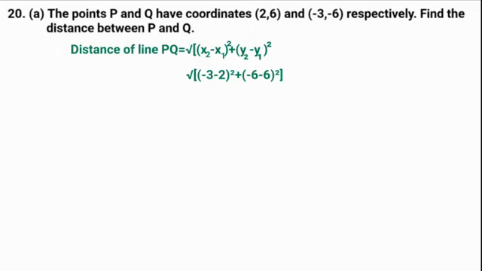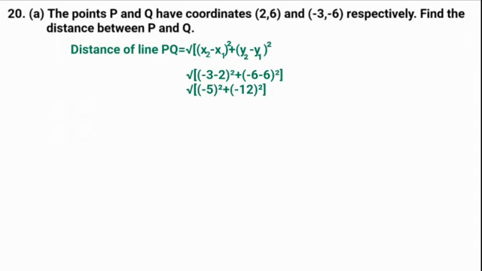So we are going to say square root, then -3 minus 2 gives us -5, which will be raised to the power of 2, plus -6 minus 6 will give us -12, which will be raised to the power of 2.